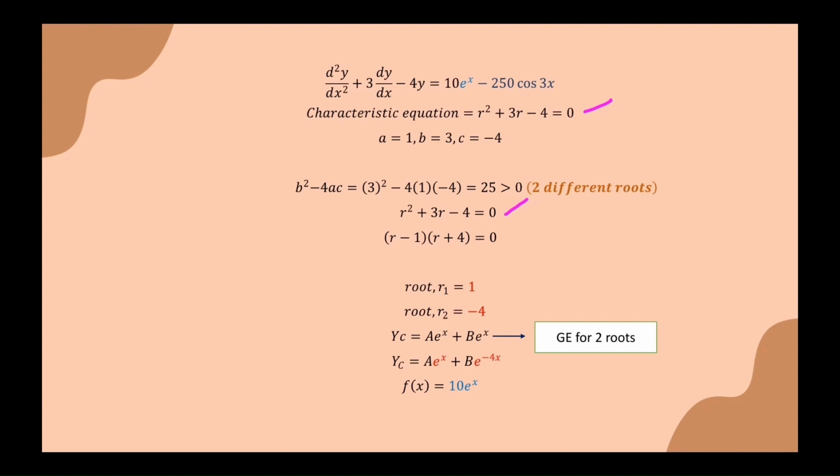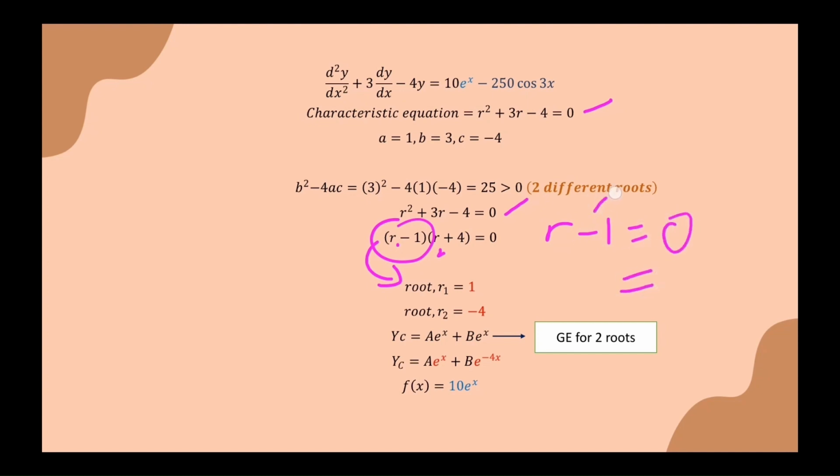When I put r² plus 3r minus 4 in my calculator, I get the answer in this form: (r minus 1)(r plus 4) equals 0. Then r minus 1 equals 0.